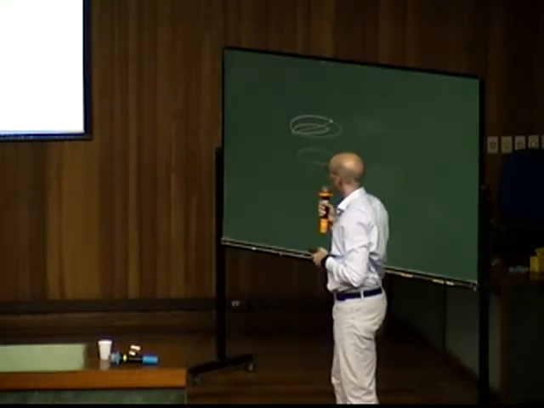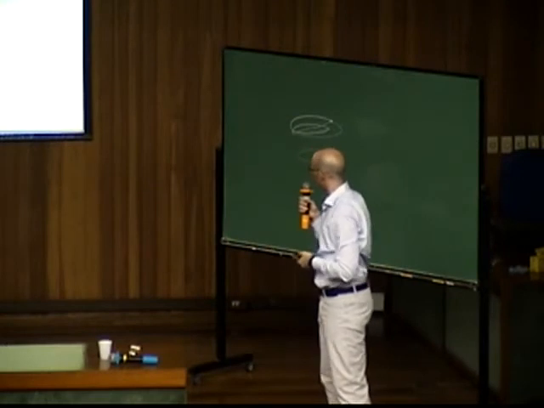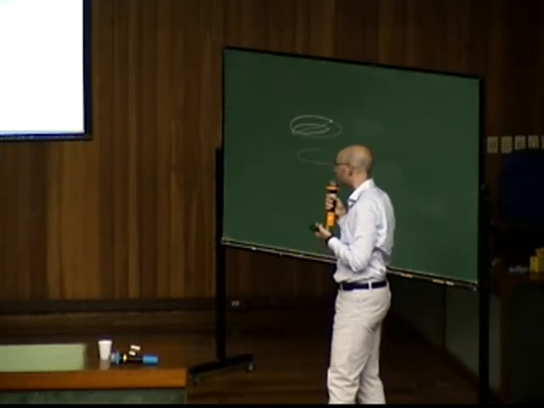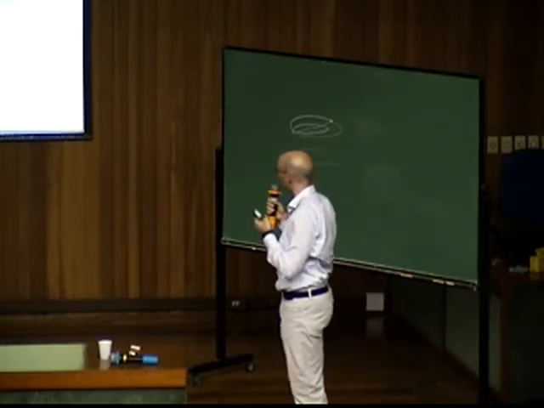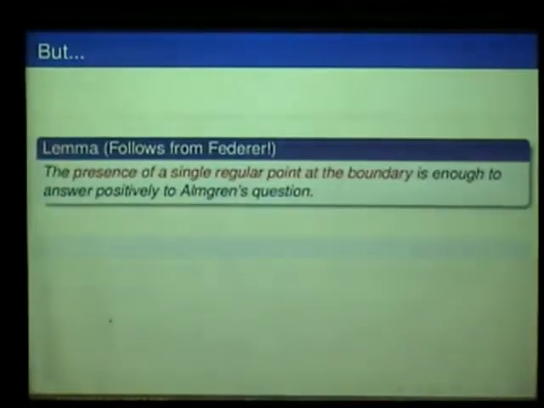Okay, so this is the bad news, but on the other hand, the theory of currents is so powerful that one lemma by Federer tells you that, in the sketch of proof that I've given you, you actually don't need full regularity at the boundary. It suffices to have one regular point at the boundary to make all the theory go through.